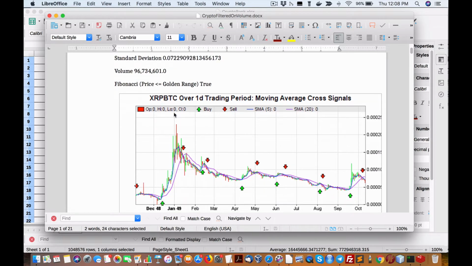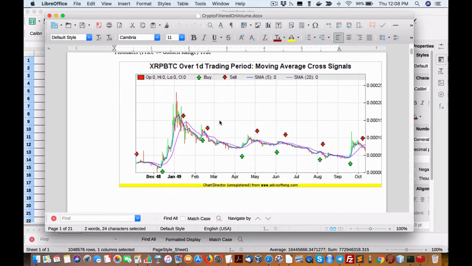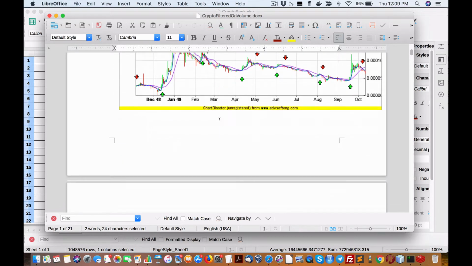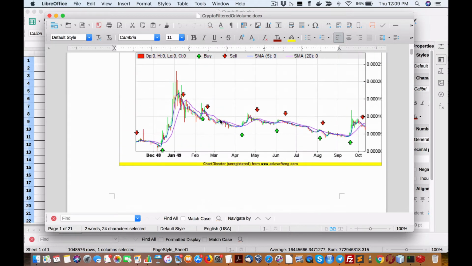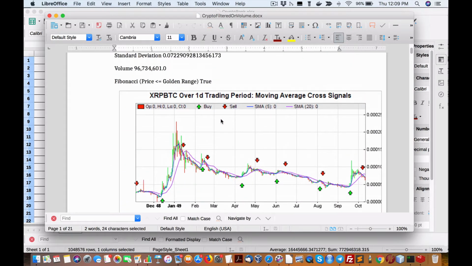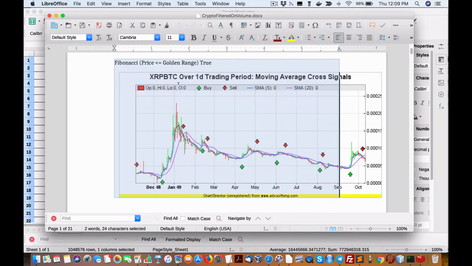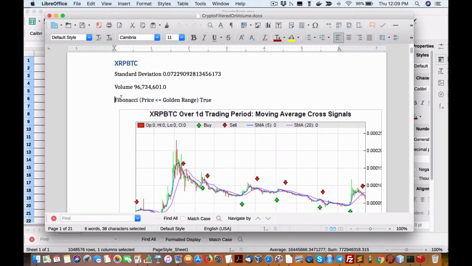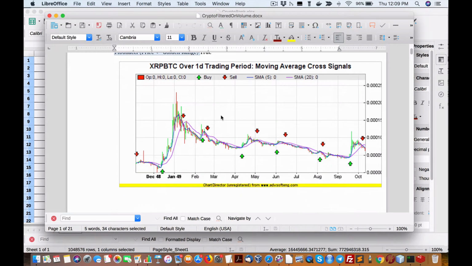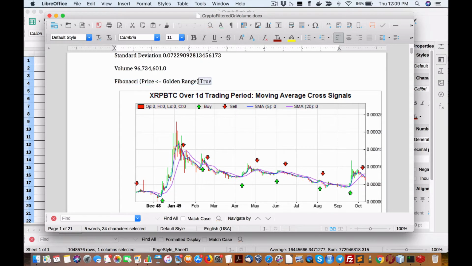So here we talk about the Fibonacci's. Now I haven't really talked about this a whole lot, but in this case, there are none actually. So the other thing we can look for is if the Fibonacci pricing action daily is within our golden range on the Fibonacci. I'll show you that in a minute if you don't know what it is. So yeah, it is within the optimal time to potentially buy.